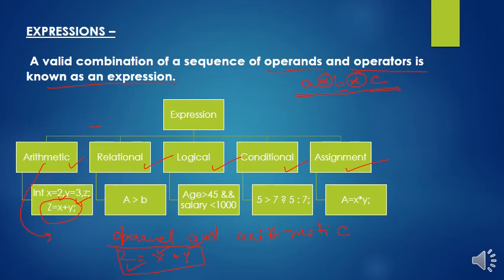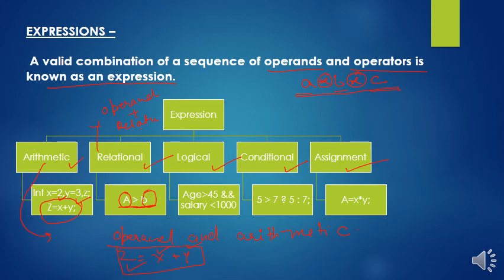Next is a relational expression. A valid combination of a sequence of operands and relational operators, operand plus relational operator, is known as a relational expression. For example, A is greater than B. So A and B are operands and greater than is a relational operator.